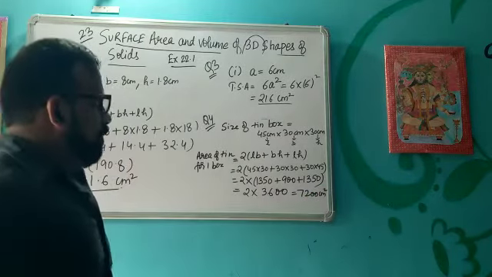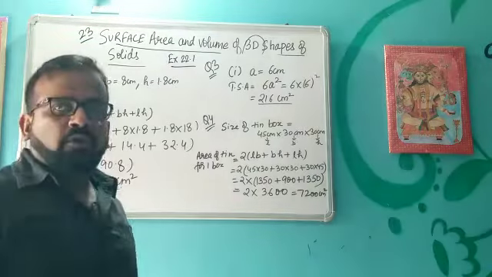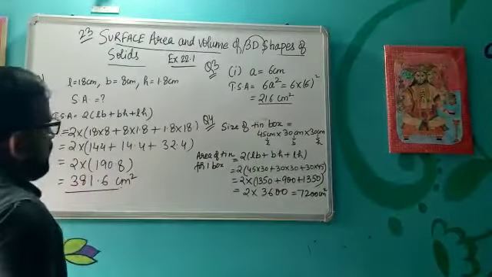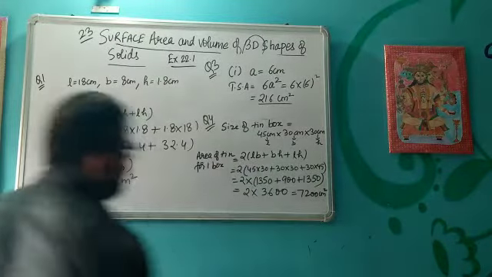So this is the area of tin required for one box, and we have to calculate the area of tin sheet required for 25 boxes.